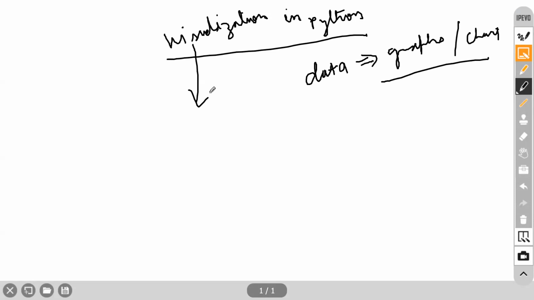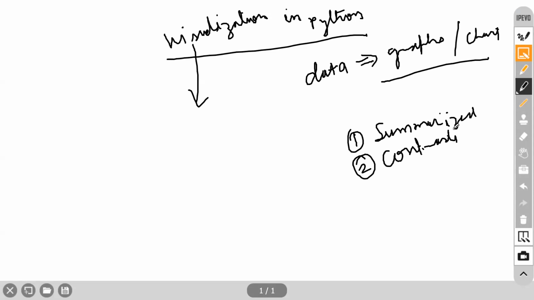Graphs give you the same type of information in a visual form, not only the summarized information, but also the contrast. It means you can compare it, and the most important part is your visual perception.